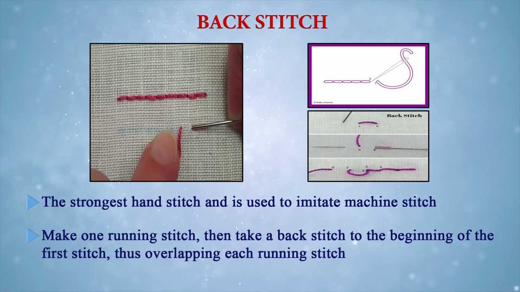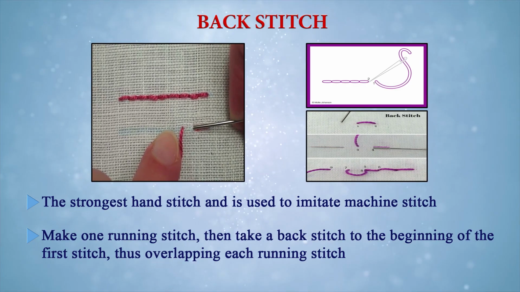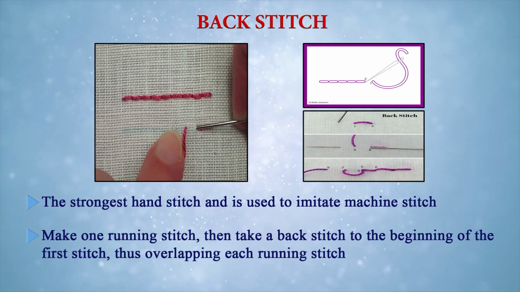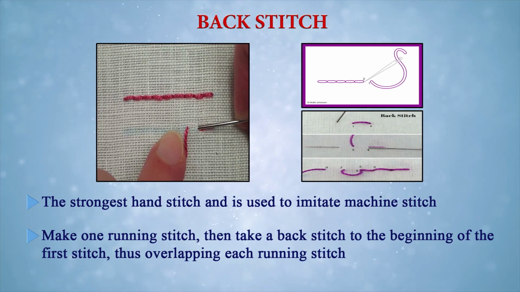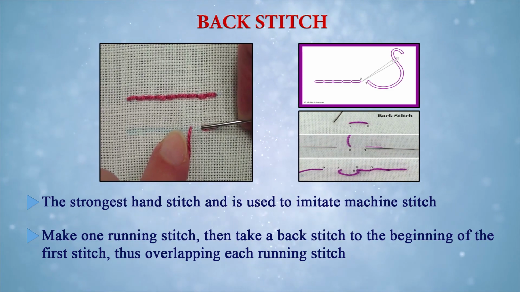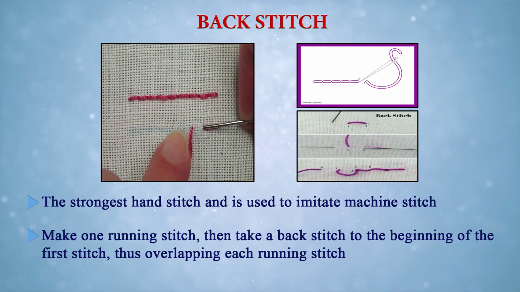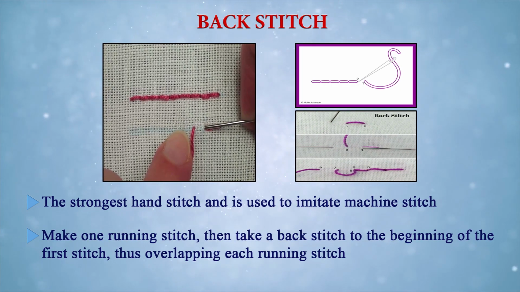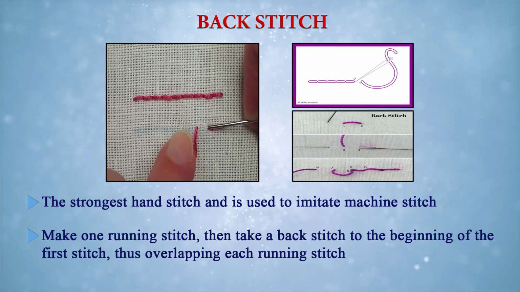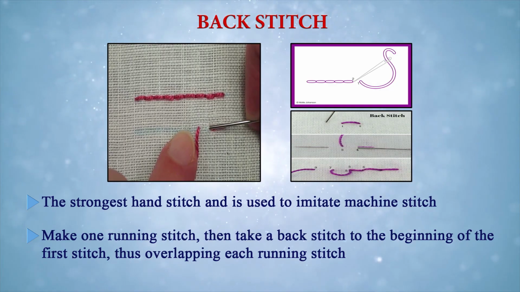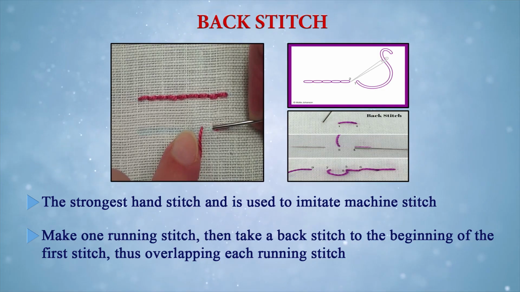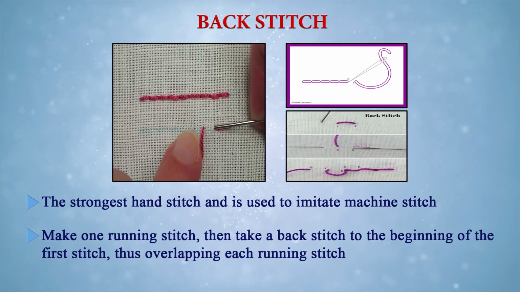Then take a back stitch to the beginning of the first stitch, overlapping the first running stitch, and continue in the same pattern. Like in the picture, you can see we create the back stitch in this way.